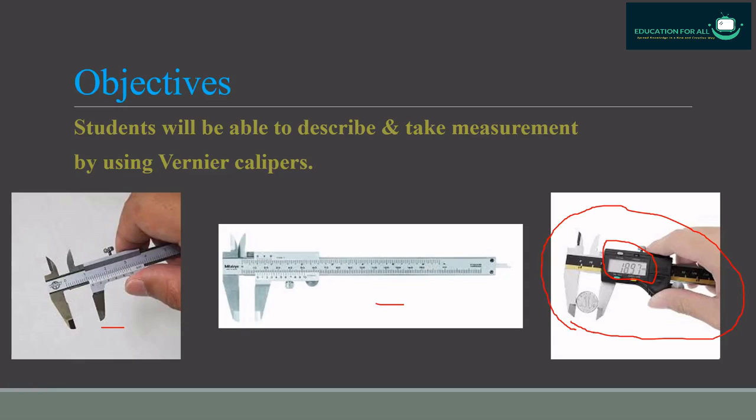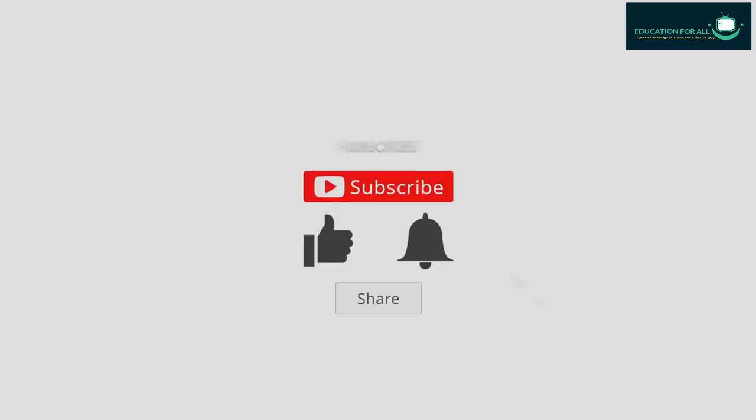So this Vernier caliper is more precise as compared to this one, but the method of taking measurement is the same in all these. This digital Vernier caliper will show you the digits, and in this you have to find it. In our laboratories, these types of Vernier calipers are mostly used.